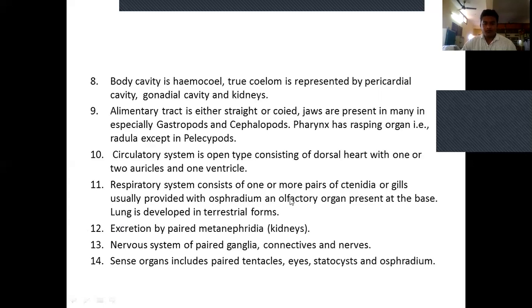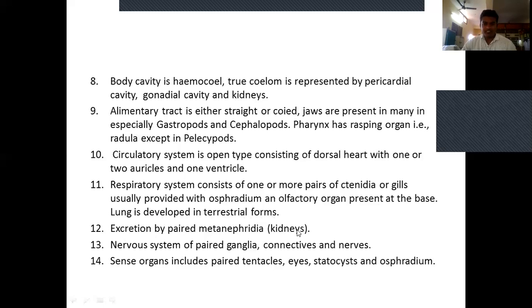If the aquatic mode of respiration is taking place in a few mollusks, then gills play their important role in aquatic respiration. But when certain species of mollusks are living on land, then the lung plays an important role in aerial respiration in that particular case. Next, excretion by paired metanephridia.